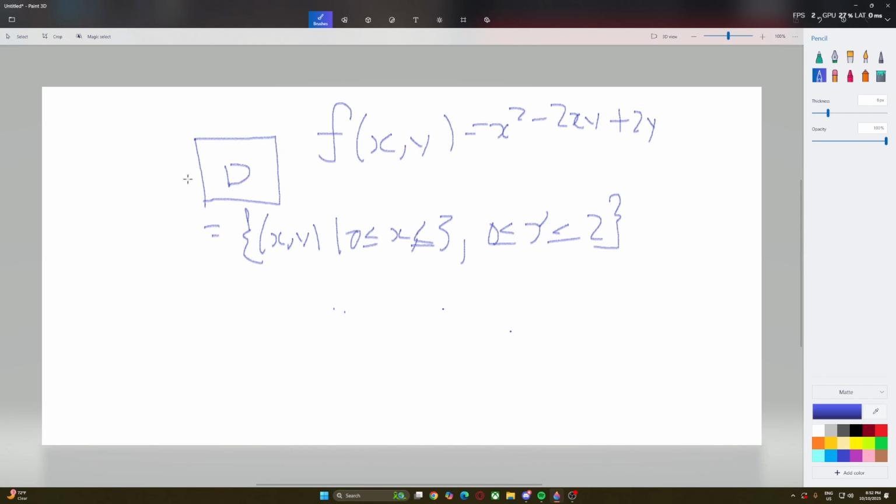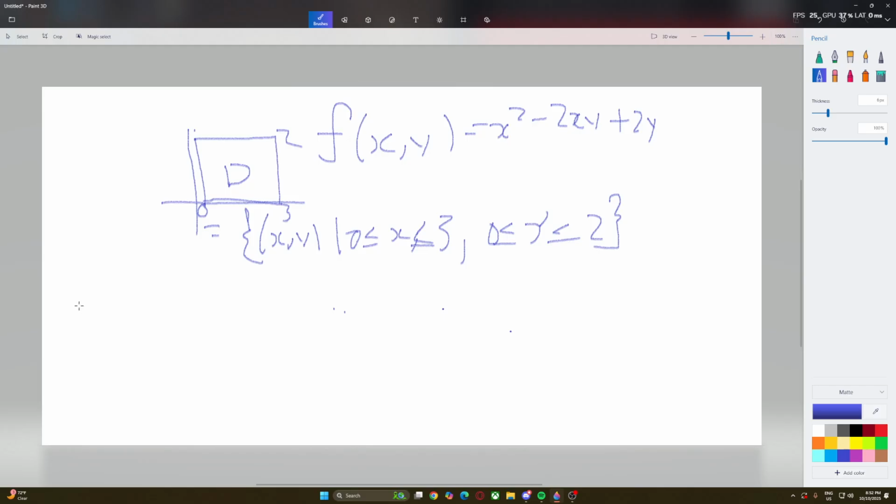Alright, so on a graph, this would start from 0 to 3, and this would be 0 to 2. Just don't mind the graph, it's pretty bad. But yeah, that's the domain. I'm not gonna graph this function because we're not. But that's how you start.